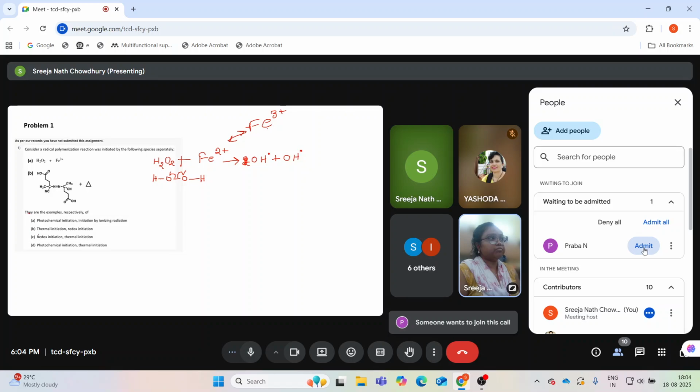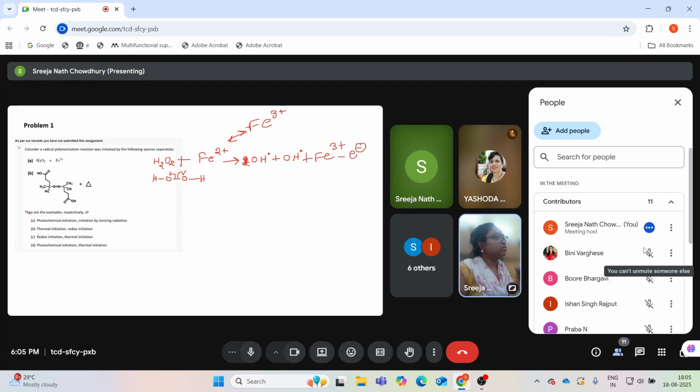So here iron will lose an electron and convert to Fe3 plus. This I am just showing for your clarification, but classically the reaction cannot be written like this. This electron will combine with one of the OH dot, and on the extra electron, OH minus is formed.